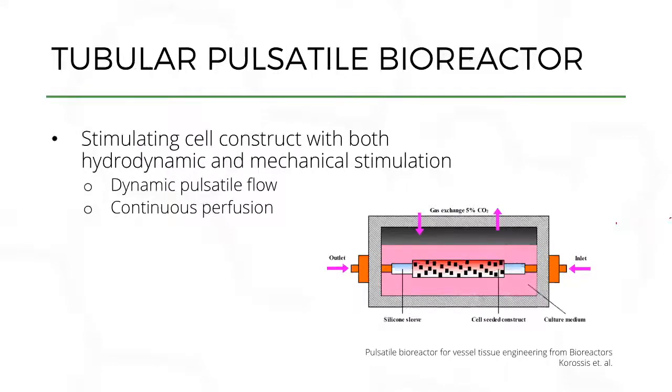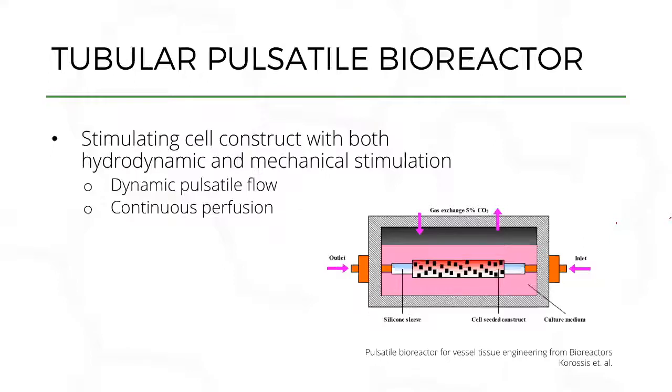Another one that is very common for blood vessel or any kind of vessel tissue engineering application is this tubular pulsatile bioreactor, where we're stimulating the construct with both hydrodynamic and mechanical stimulation. So the pulsatile flow and also continuous perfusion provide the right cues to enable blood vessel tissue engineering.